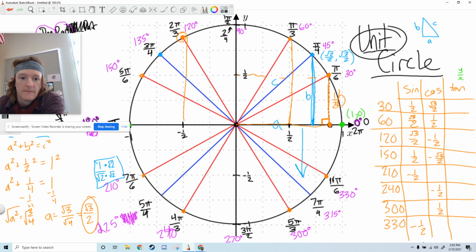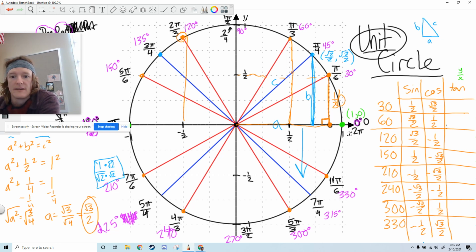For 210, my cosine is negative square root of 3 over 2. At 240, my sine is negative square root of 3 over 2. At 300, my sine is negative square root of 3 over 2. And at 330, my cosine is positive square root of 3 over 2. Let's double check we got 4 negatives: 1, 2, 3, 4, and 4 positives.